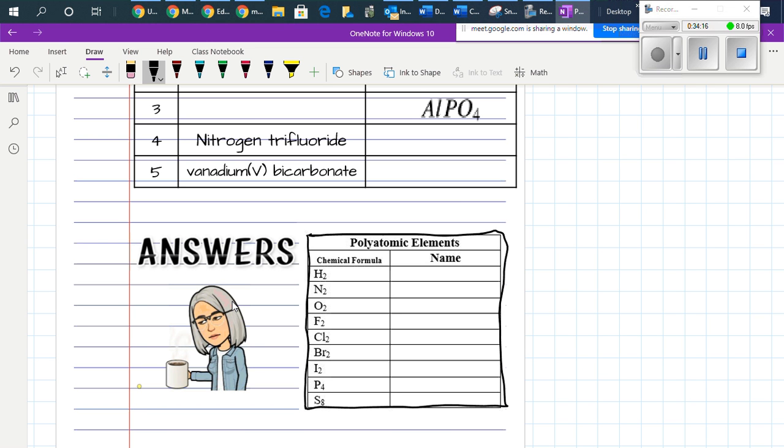What I recommend you doing is printing out the data booklet and then putting important information on the very last pages of the data booklet, where you will see an opportunity for you to take notes.